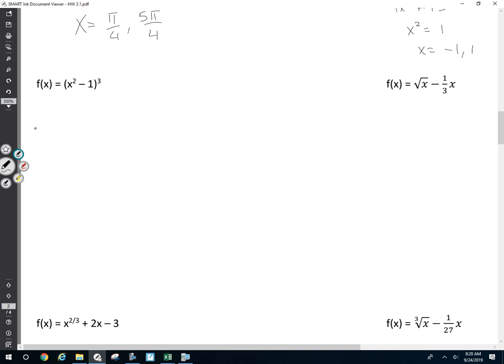Chain. Let's use the chain rule. Outsides, insides. Don't forget your rules. Derivative of the outside, leave the inside alone, times the derivative of the inside, set this equal to 0, or see when it's undefined. Fortunately, we don't have to worry about the undefined.